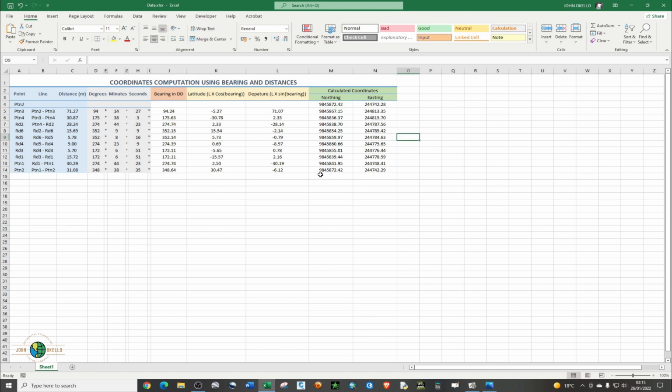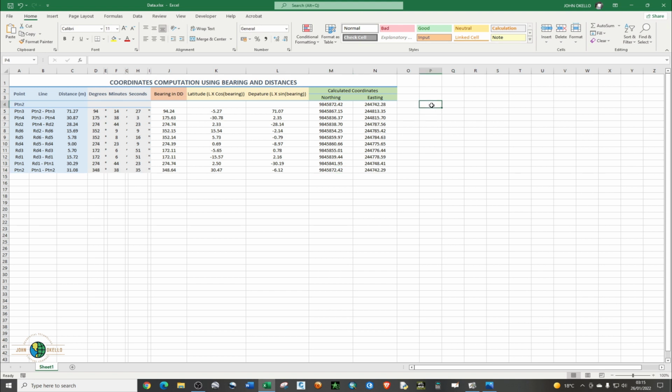And what we've just calculated is 984, and you can see 984,872.42. What about the easting? The easting is 244,742.29. This one is 0.28.